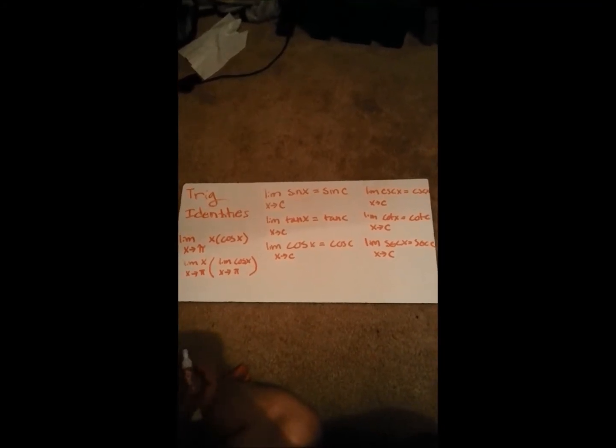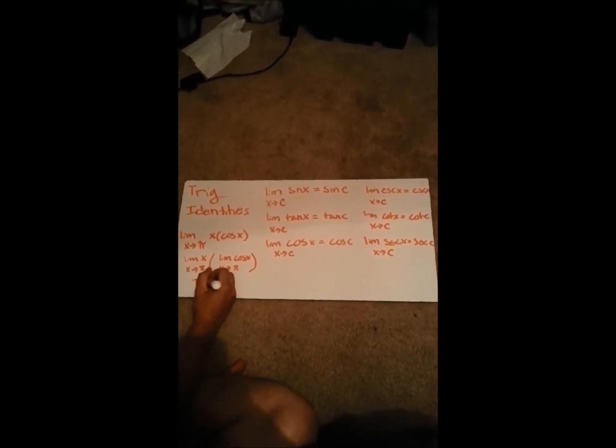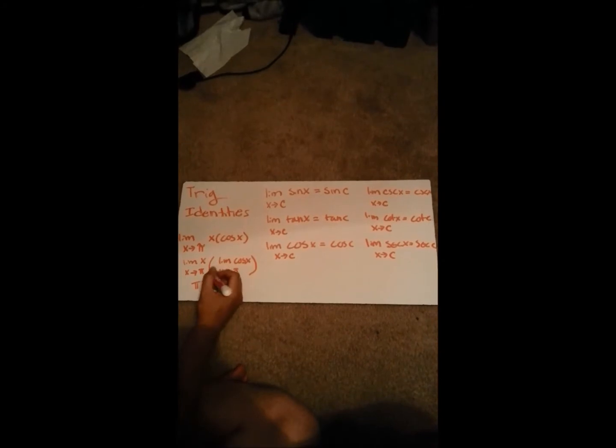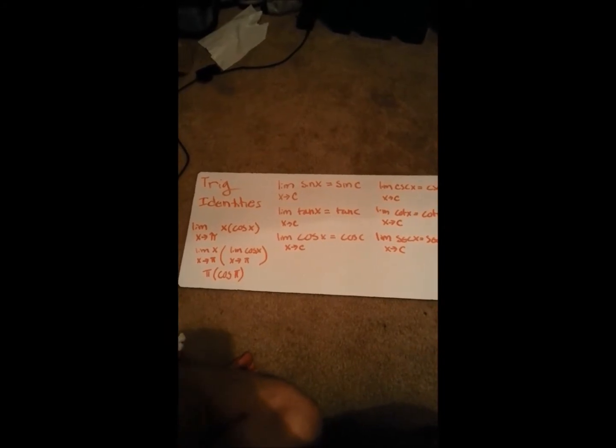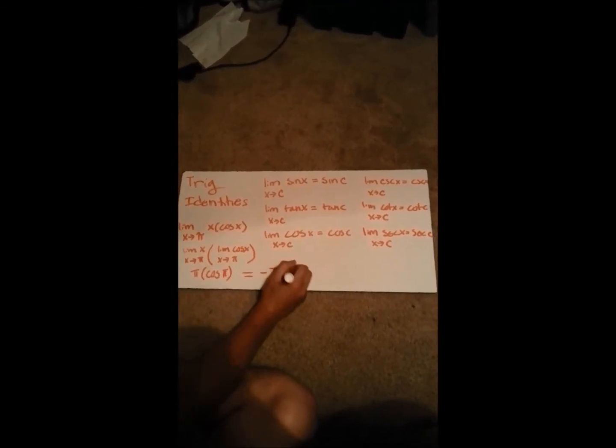Then we solve. So here we can use direct substitution and we just get pi. And here we have the limit of cosine x as x approaches pi, and we get cosine pi when we direct substitute. And then cosine of pi is -1, so the answer here is -pi.